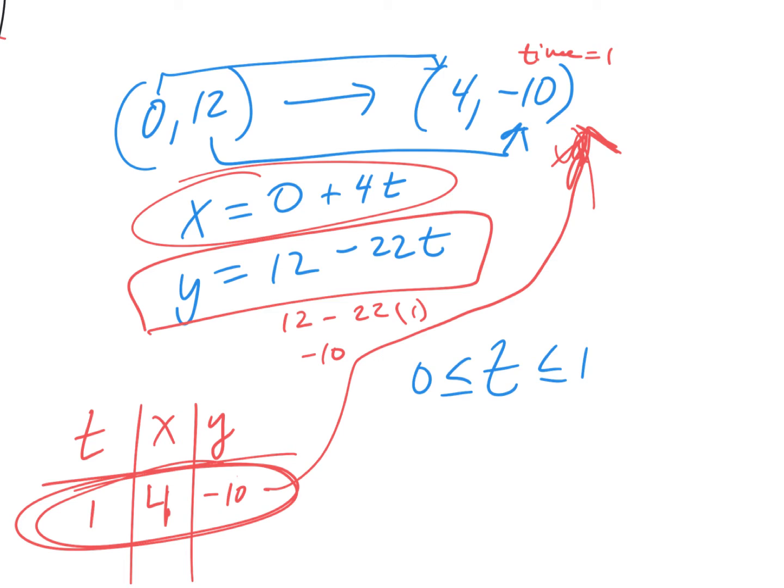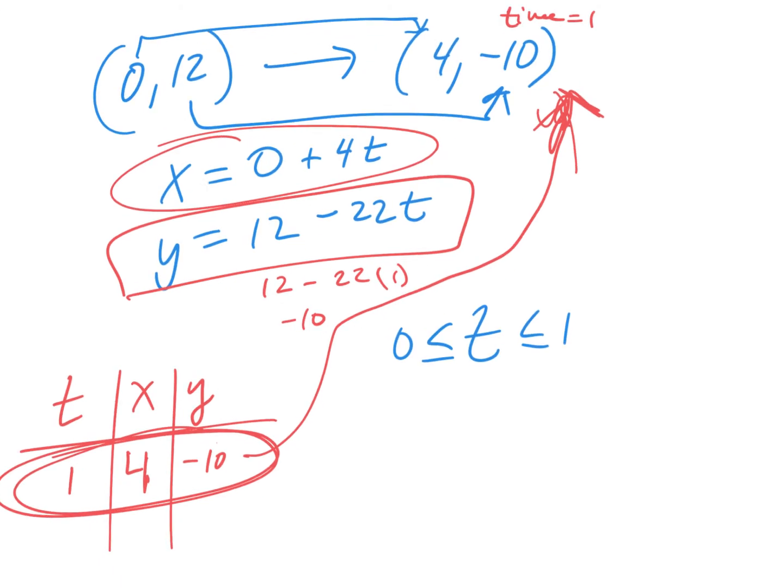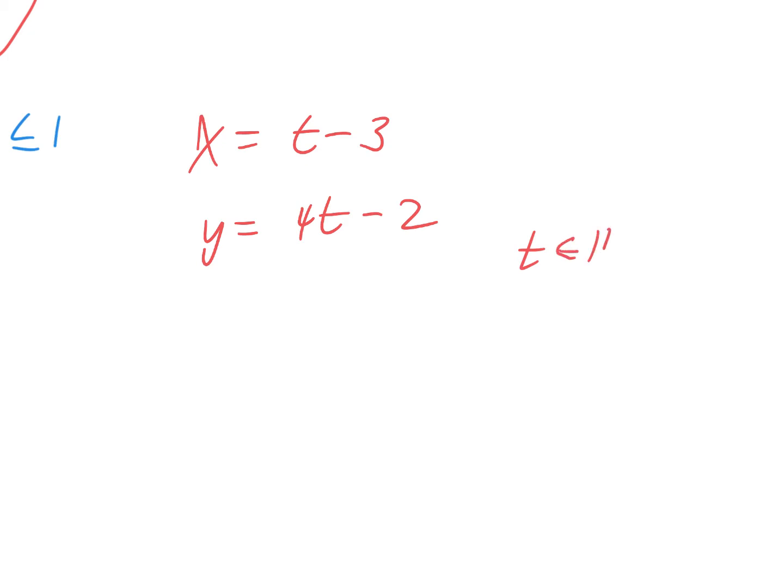All right. Next up, if I give you these two equations, x equals t minus 3 and y equals 4t minus 2. If I tell you that t is just an element of the real numbers, what? That just means that time can be anything.